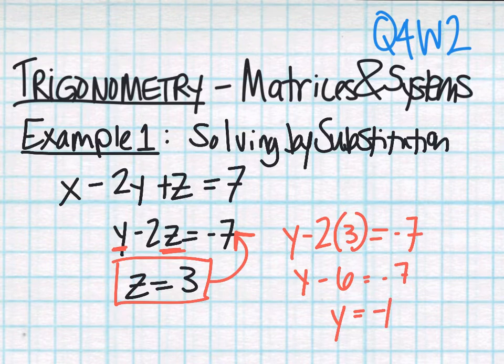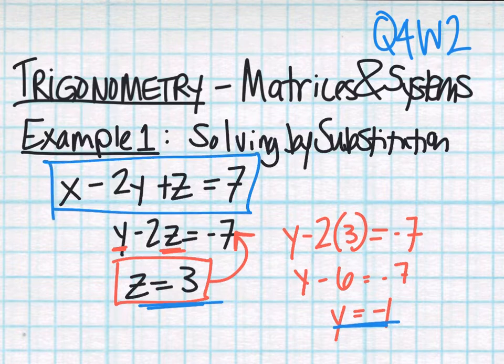This is great, because now I have 2 values of the variables. I've got z is 3, and y is negative 1. So then, to find the last value, I'm going to take these two, y is negative 1 and z is 3, and plug them into this top equation, this first one.